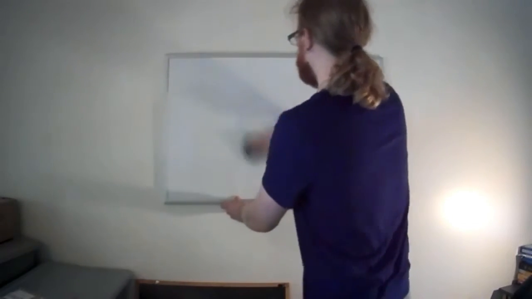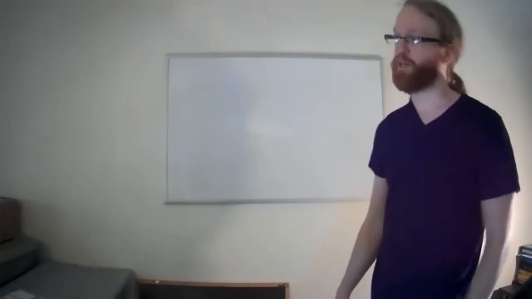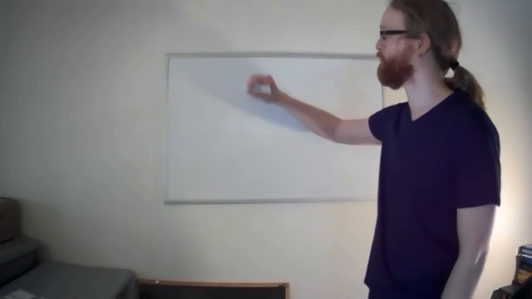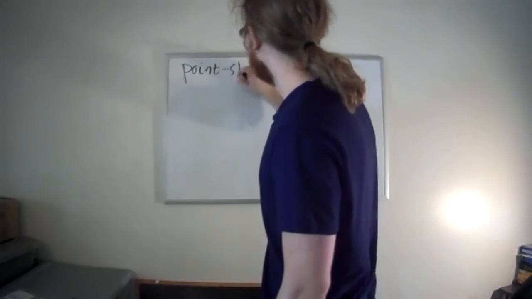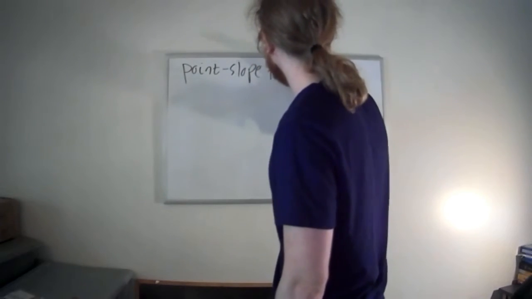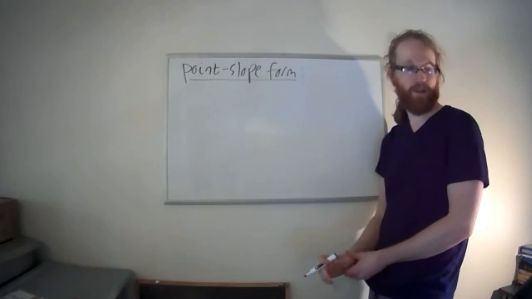Being able to find intercepts would help me do that because I have the following forms for equations of lines. So here are 2 more forms, instead of just a general form. There's point slope form.